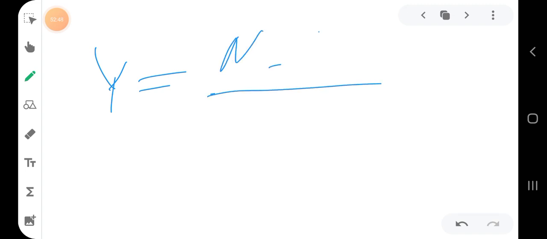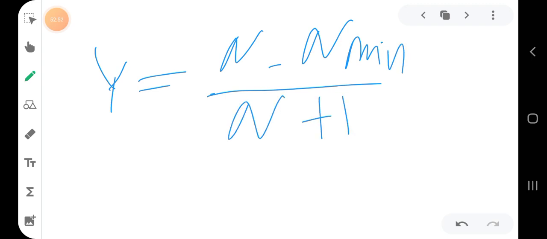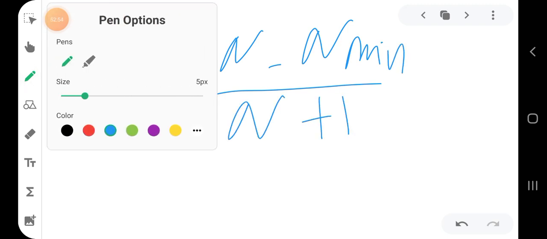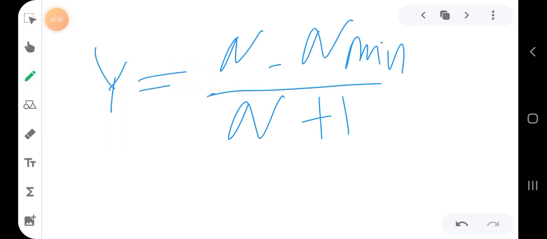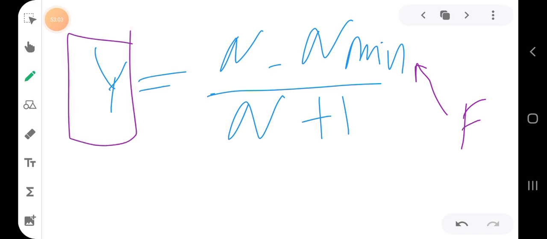So if you know n minimum from Fenske and you know y from what we did before, you can use your solver to get the value of n, which is the theoretical number of stages that you are looking for. So that's it.